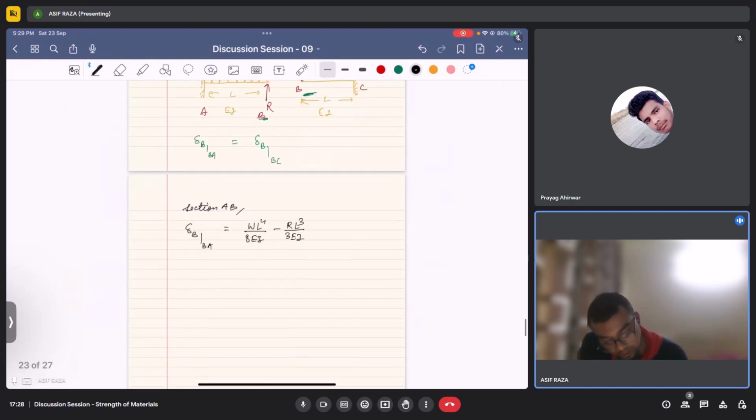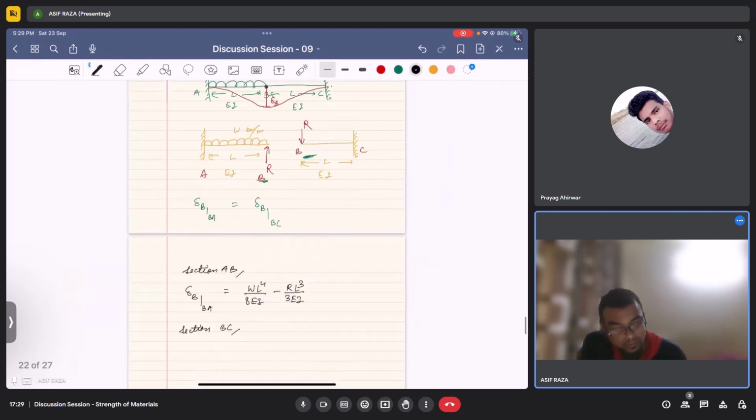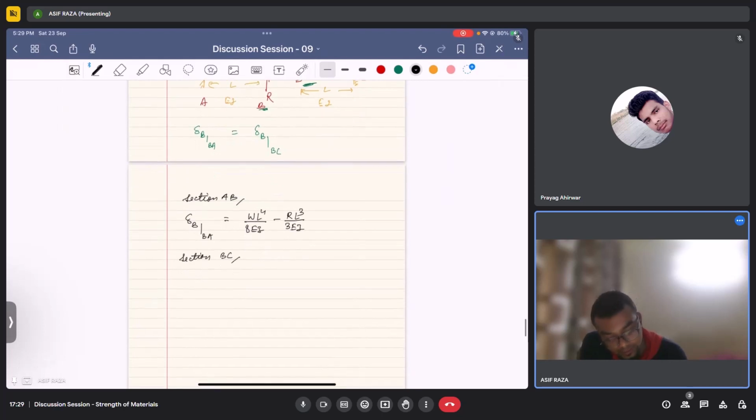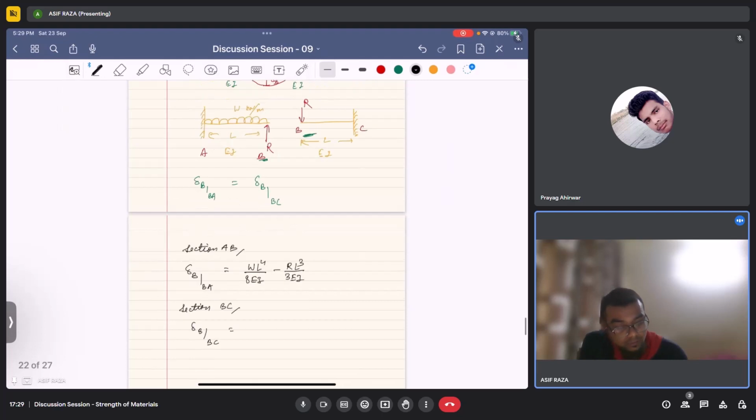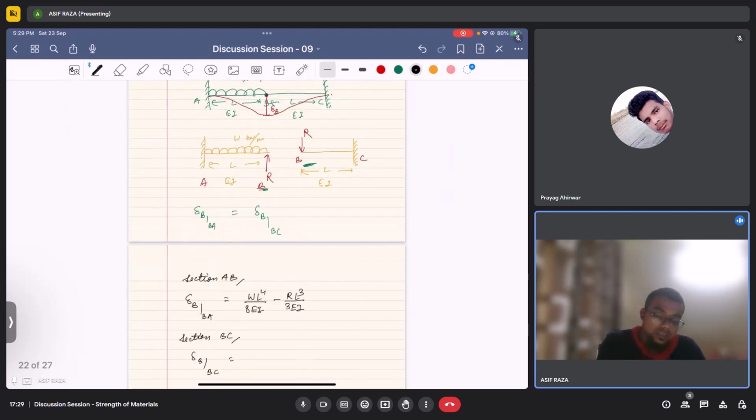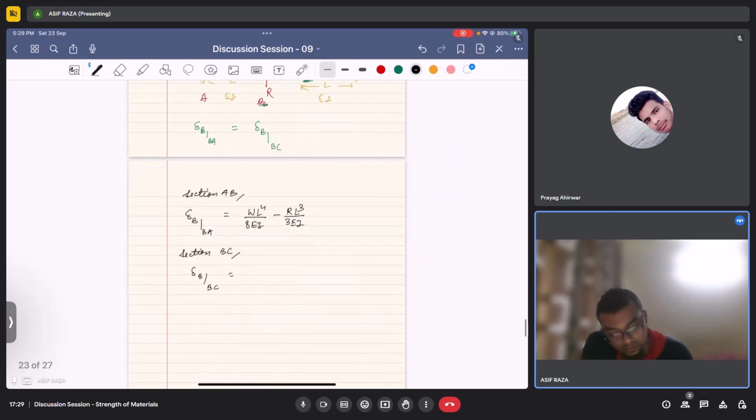Okay, now considering section BC. Section BC is a cantilever beam, and it is acted upon by concentrated load R, that is acting downwards. Thus the deflection would be equal to RL^3 by 3EI downwards.